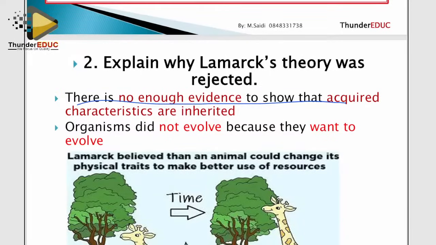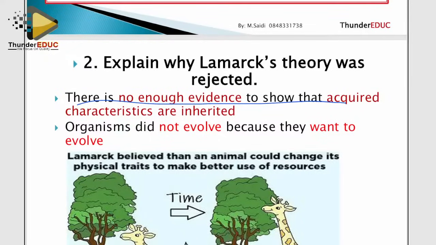Is it clear? If they have given you an example, use that example. There is not enough evidence that the acquired characteristic of long necks is inherited. The acquired characteristic of big legs, big what, are inherited.